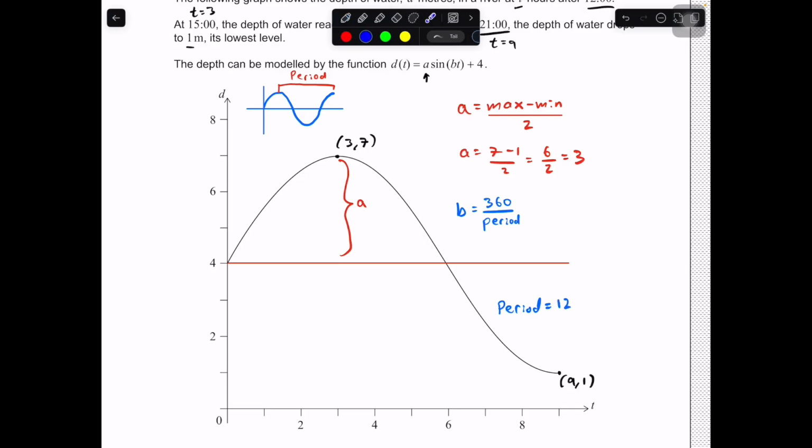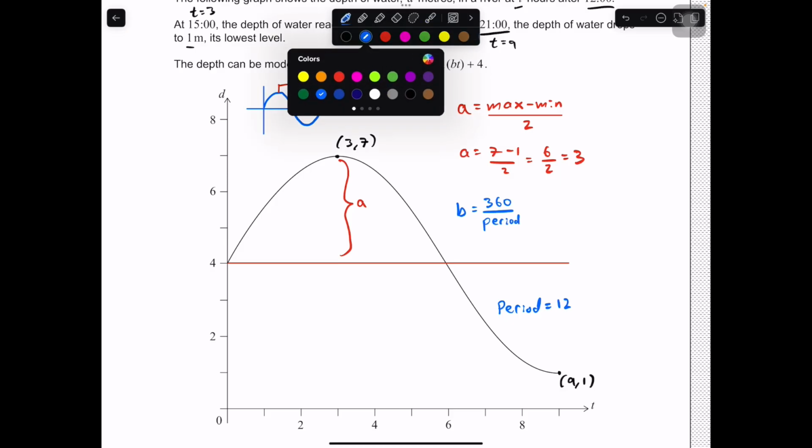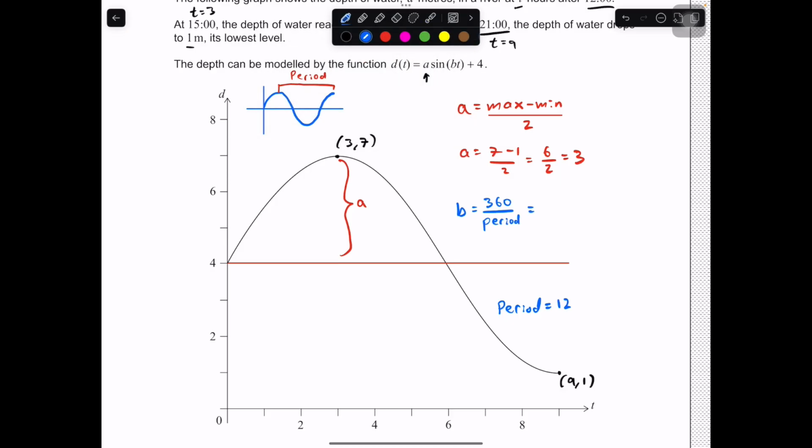I hope that does make sense. Half cycle in 6, one complete cycle in 12. That allows us to find this value of B. If we can go one complete cycle in 12 hours, how many cycles can we fit into 360? Well, 12 goes into 360 30 times.